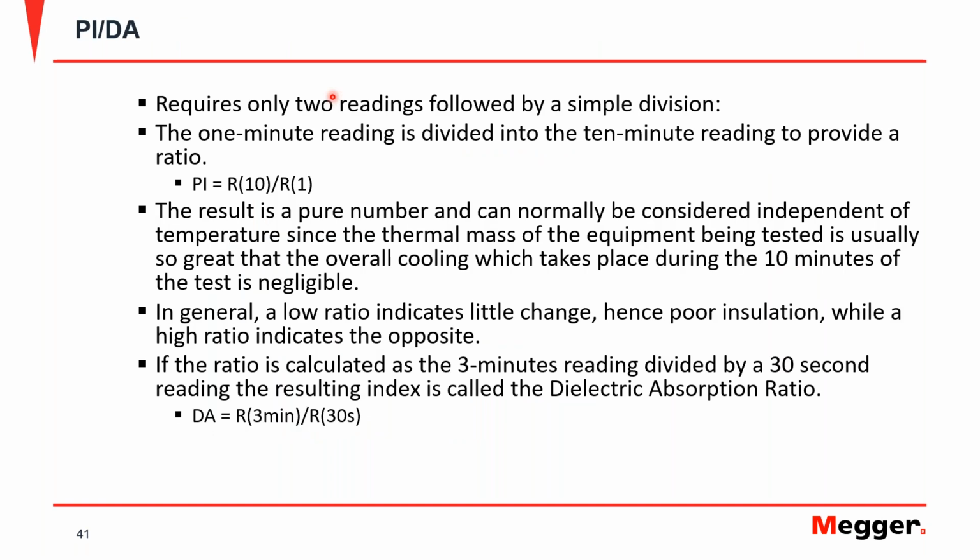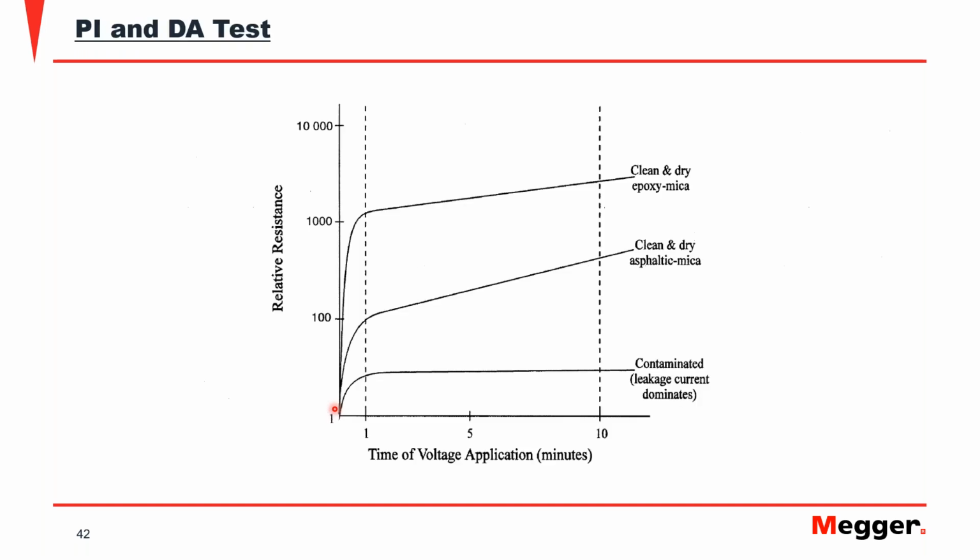For the dielectric absorption ratio, instead of dividing the 10 to the 1, you divide the resistance at 3 minutes by the resistance at 30 seconds. Different materials will behave differently when it comes to the resistance.